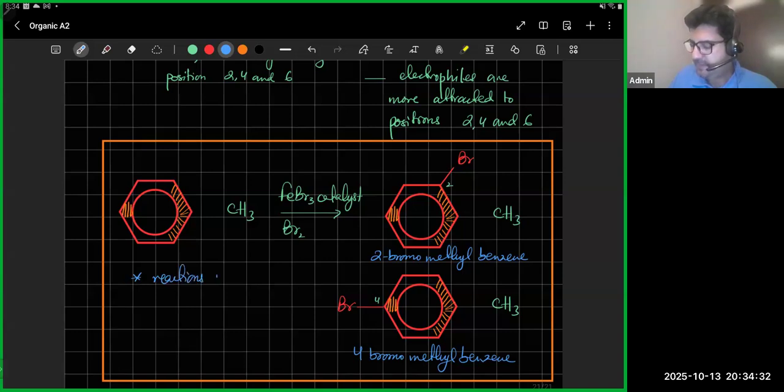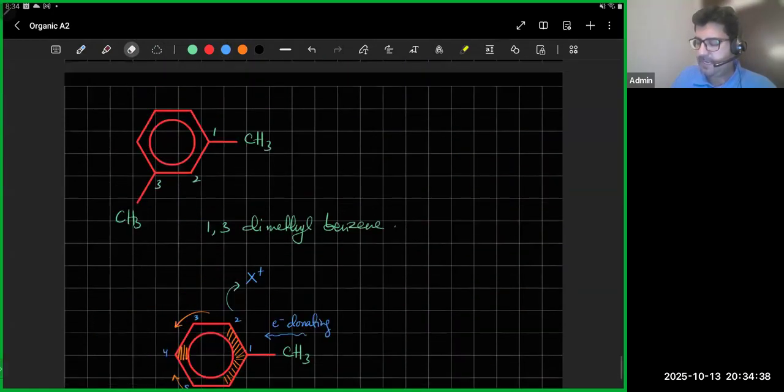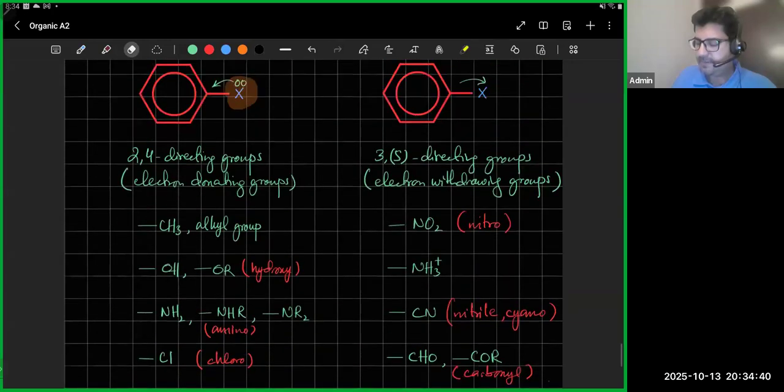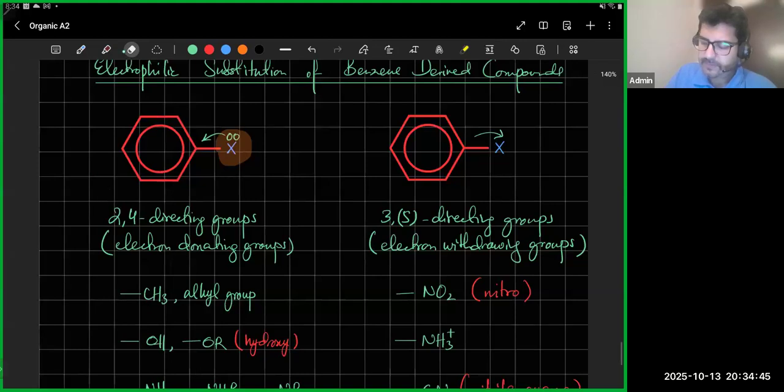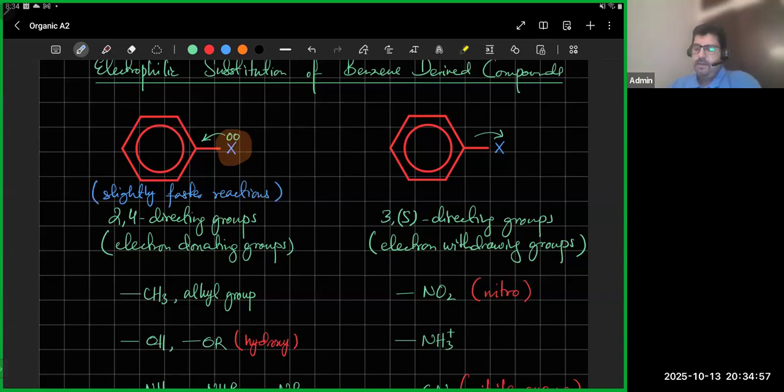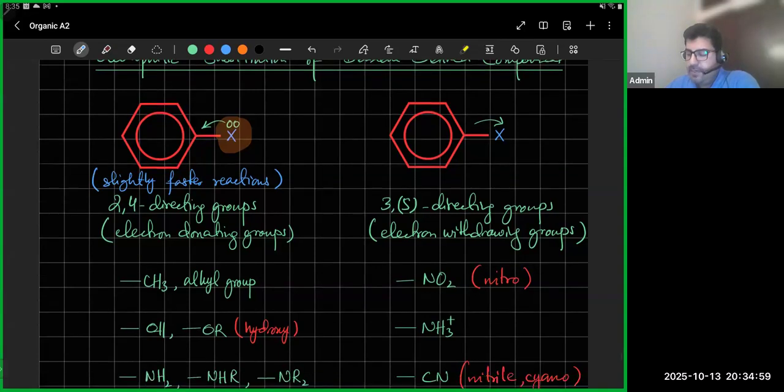Reactions will be slightly faster. Let's write this on top. Whenever you have electron donating groups, the reactions are going to be slightly faster. Let's write it here. You're going to get slightly faster reactions in the case of electron donating groups.